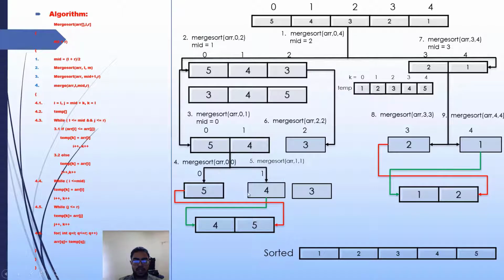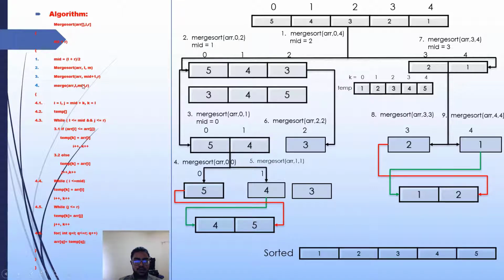So it will divide into two parts. When this step comes, it will call the merge sort again, and it will check whether the left index is less than the right index, but in this case they are equal, so this will not be true and it will go back here, and this step will resume.